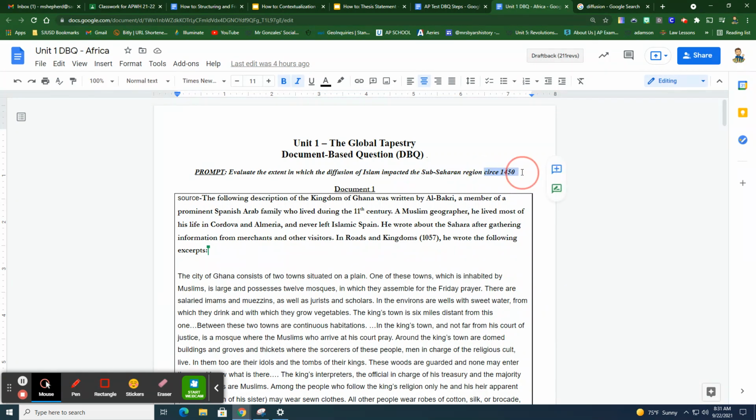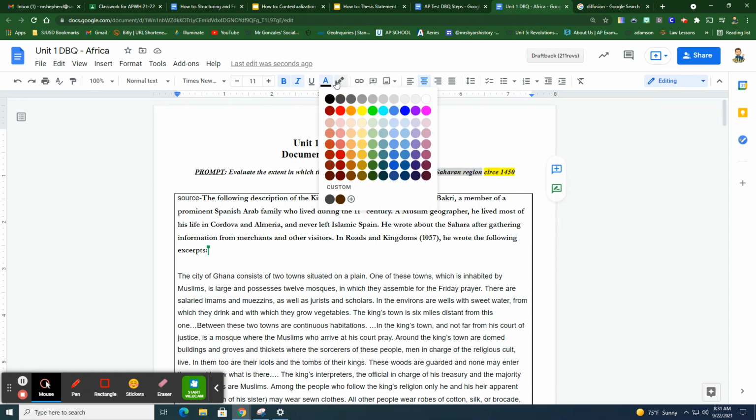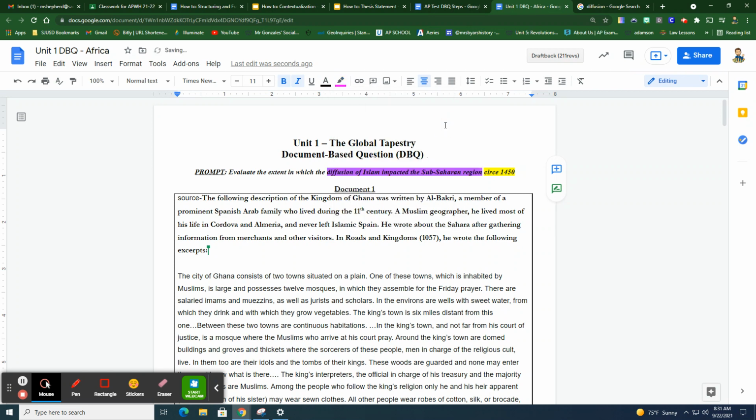So, that would be our time period, and then the spread of Islam in the sub-Saharan region, that would be our content. Got to do that in a different color. We could do that pink. And then evaluate the extent to which impacted. Okay, so impacted would be our skill.